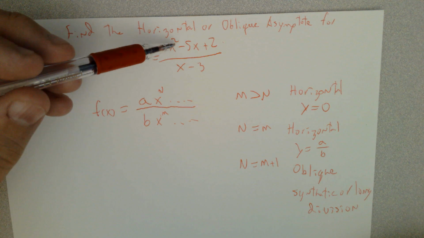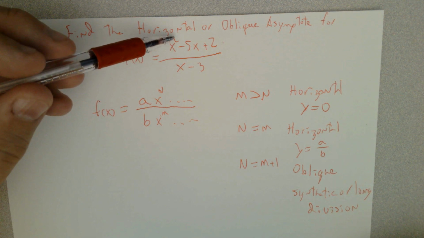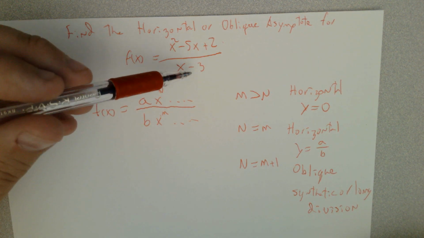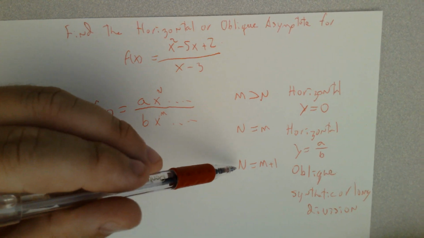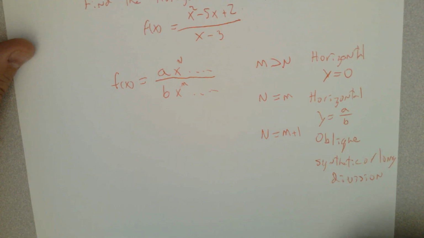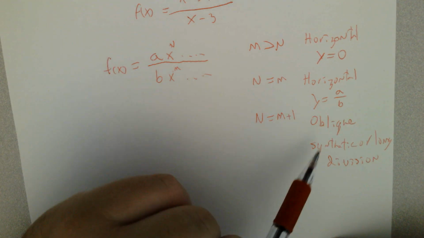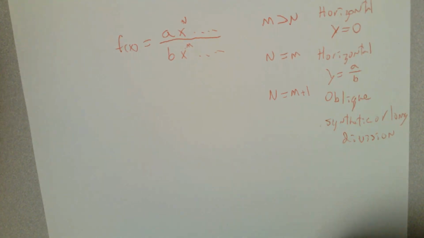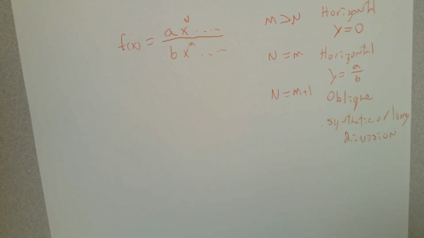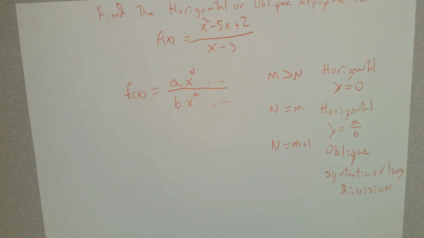So looking at ours, we have a 2 as the highest degree in the numerator and a 1 in the denominator. So we do indeed have this third case where you have an oblique. Synthetic division tends to be a little easier if you know how to do it. I'm going to go over the long division just to show the process I do for it, and I think this is the one students struggle with more.